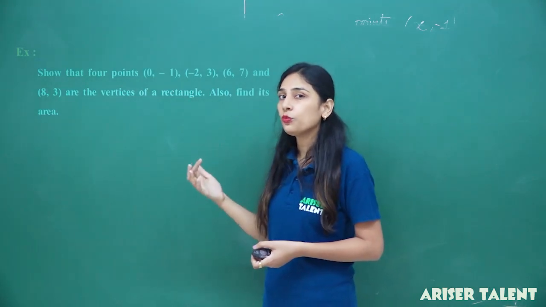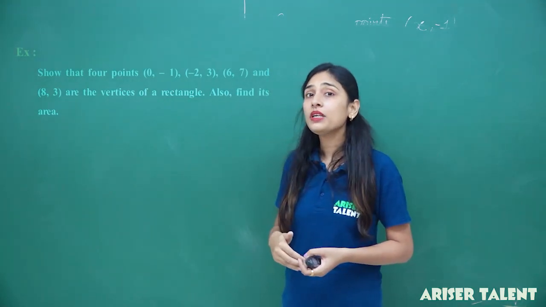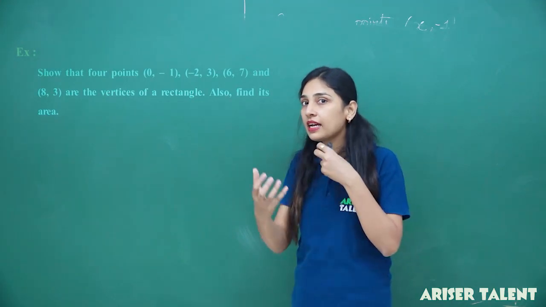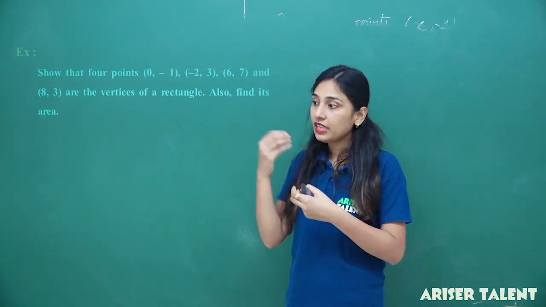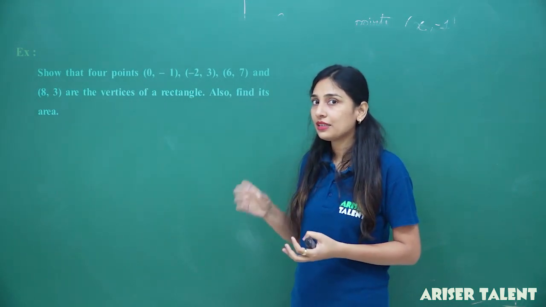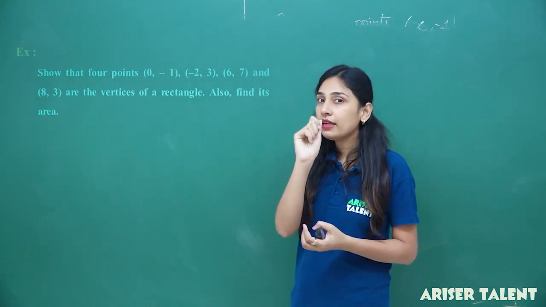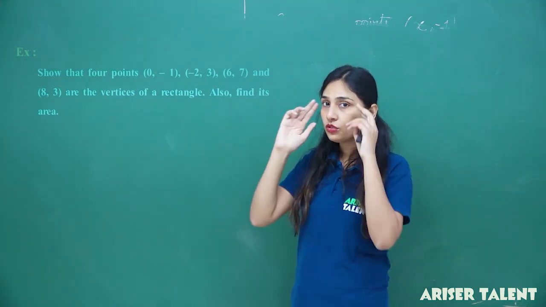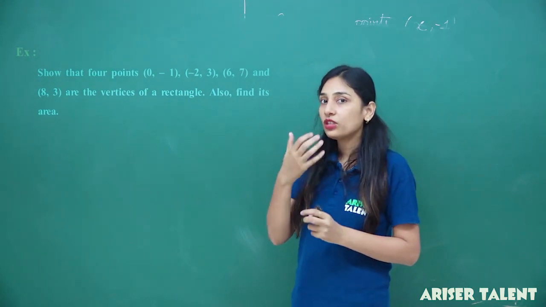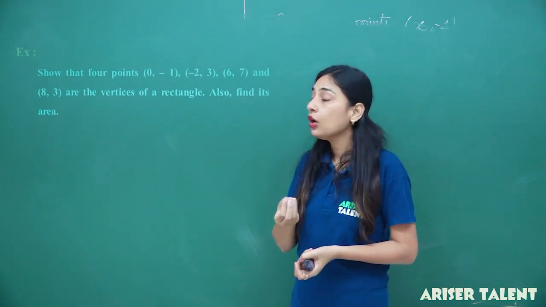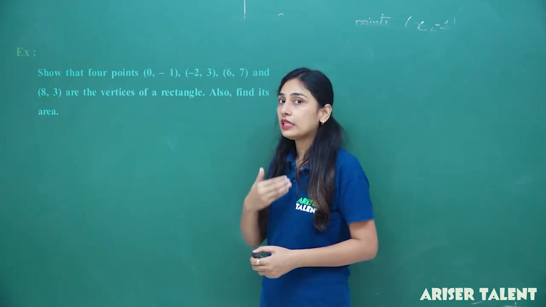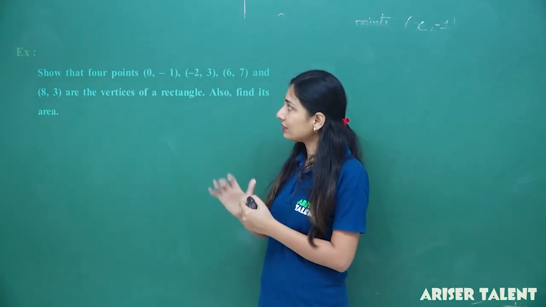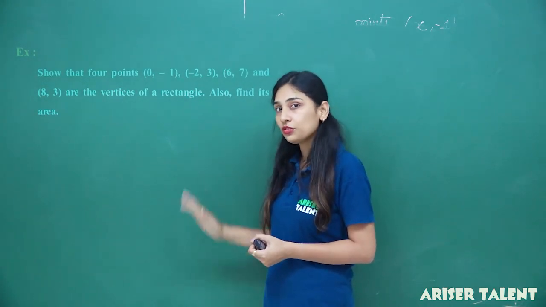So how will you prove it? Think of some properties of a rectangle: which sides are equal, what is the relation between the diagonals of a rectangle. These are the small ideas I am giving you, because you have to exercise your brain. So think about this, and we will talk in our next lecture about what exactly is the process to solve this question.